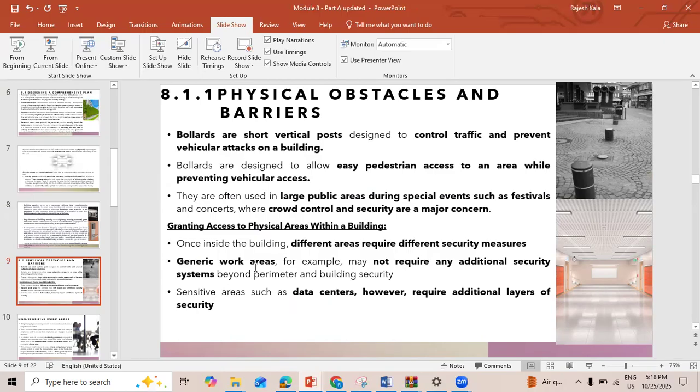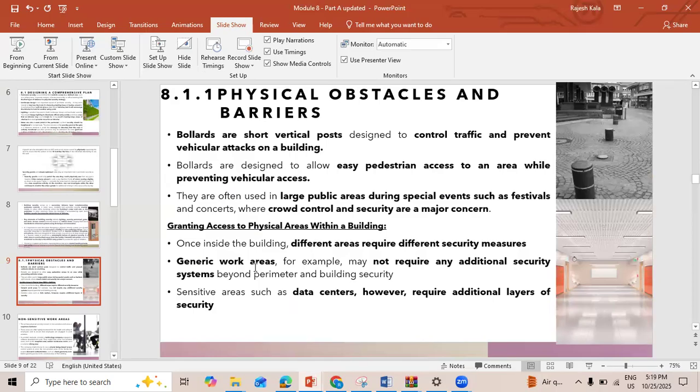Generic work areas are like the cafeteria, the classrooms, or some play area in an office. But sensitive areas mean the data center. In our college, we have server rooms. So data center, server rooms, network security room, all those are sensitive areas.